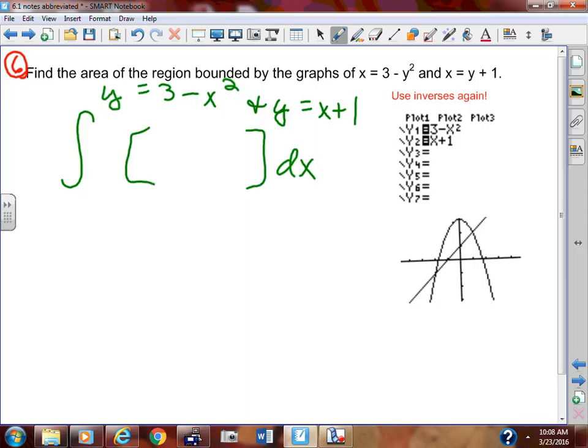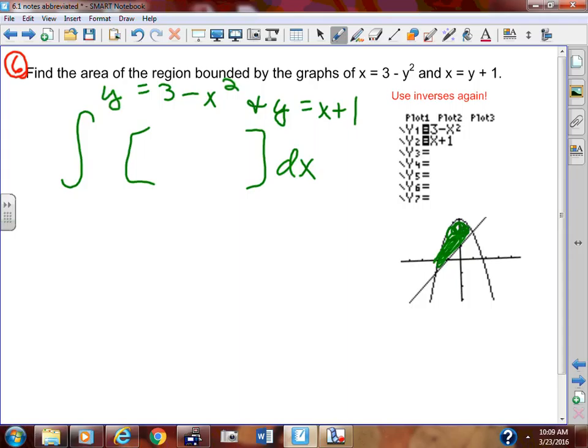Now, does your upper and lower function change? Well, first of all, where would I shade on this? Kind of like a little half ellipse, or it's kind of a section of a football looking shape. Does that make sense? Okay.